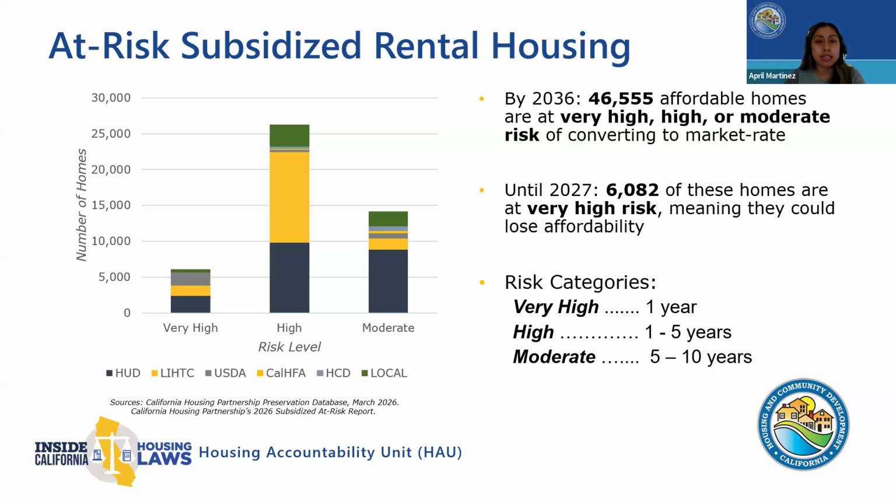And then moderate risk level, in 5 to 10 years, affordability would end. As you can see on the graph on the left, a significant portion of these at-risk affordable homes, about 8 out of 10 homes, are restricted by the U.S. Department of Housing and Urban Development, HUD, or by low-income housing tax credits, LIHTC. Next slide.